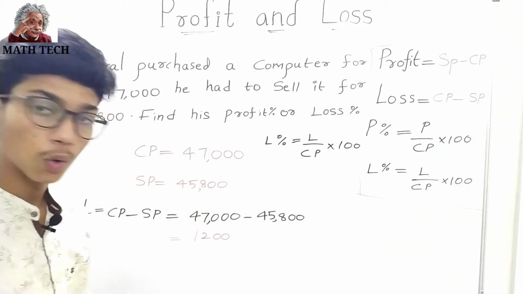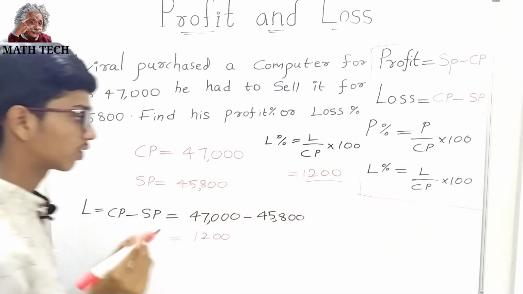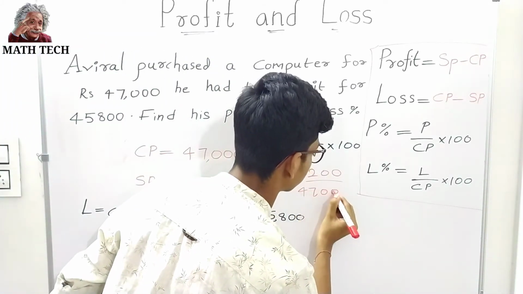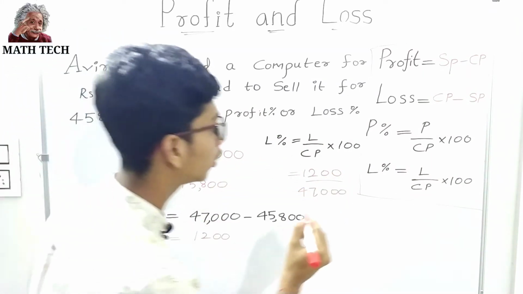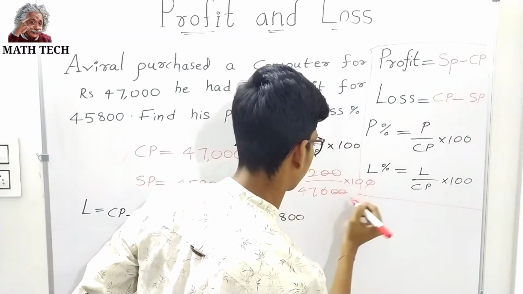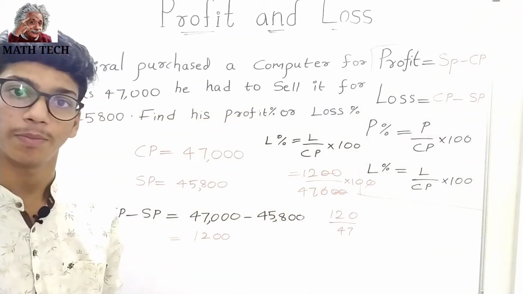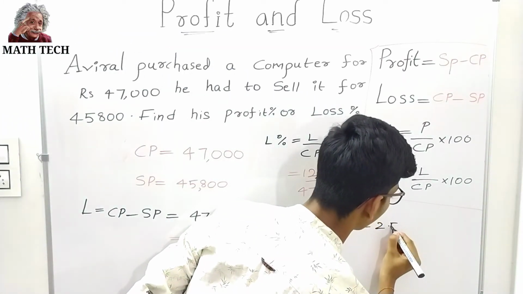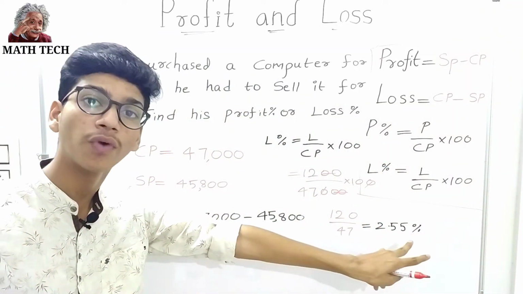The loss here is 1200, by CP, the cost price, 47,000, into 100. That is 120 by 47. We will get approximately 2.55 percentage.